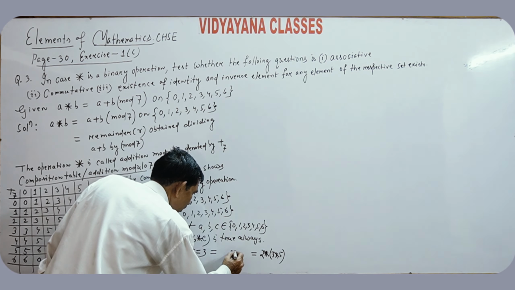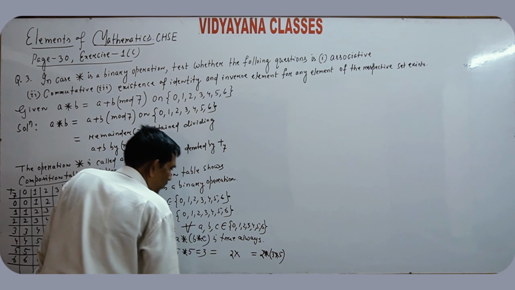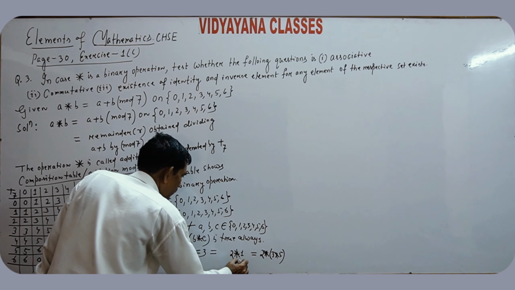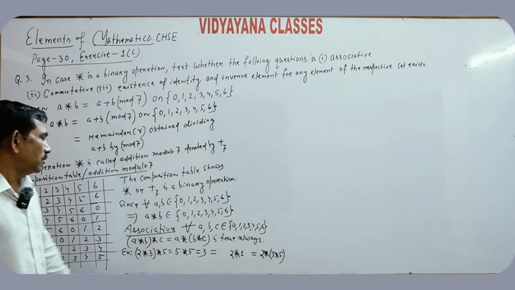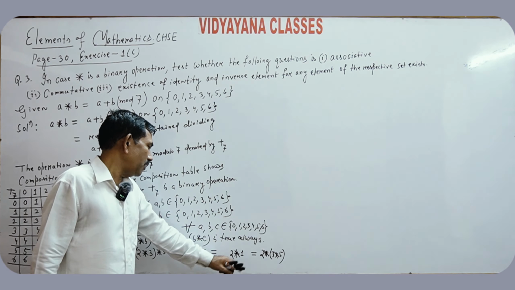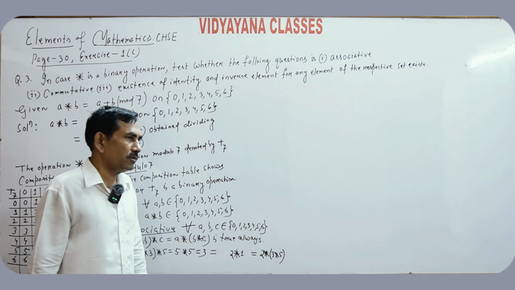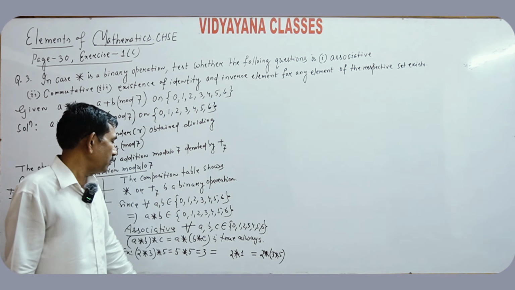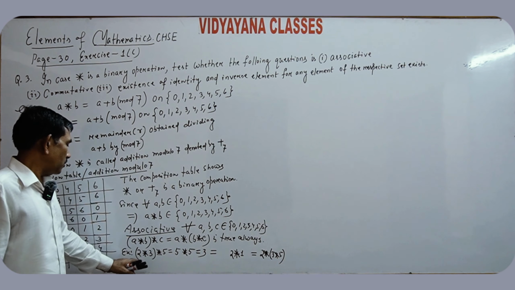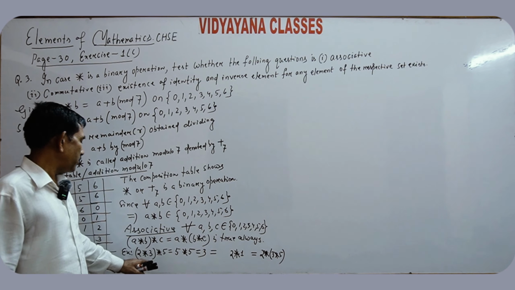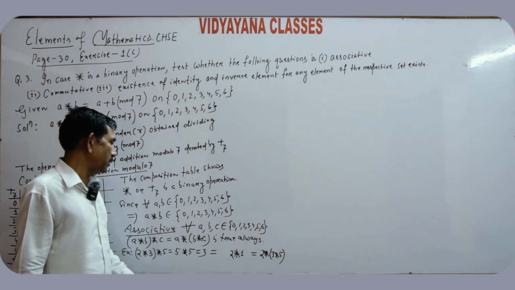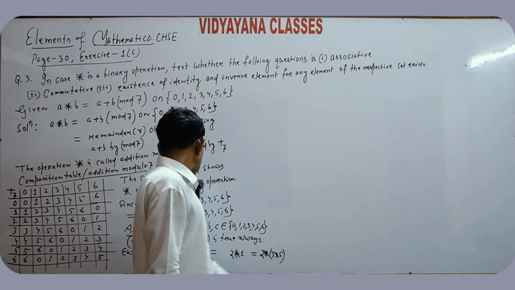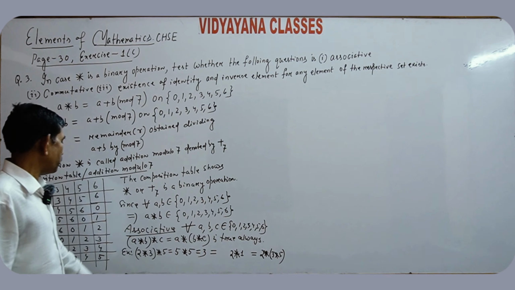So it is 2 star 1. 2 star 1 means 2 plus 1, that is equal to 3. 7 divides 3 gives the remainder 3. So (2 star 3) star 5 is the same as 2 star (3 star 5). It is the example of associative.